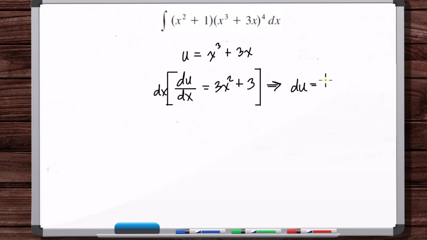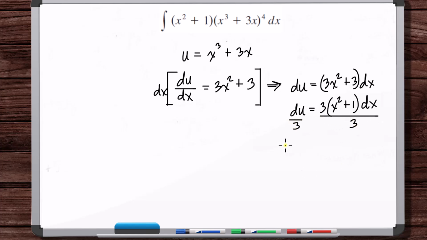So du is equal to 3x squared plus 3. Okay, yeah. So we can factor out the 3, and divide both sides by 3.